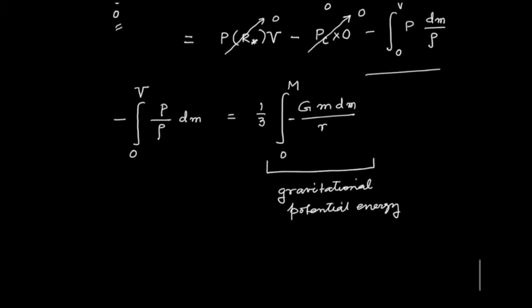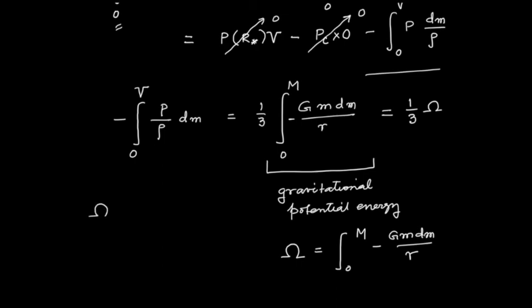We define this with capital omega, which is 0 to m minus Gm dm by r. So the right hand side is 1/3 omega.